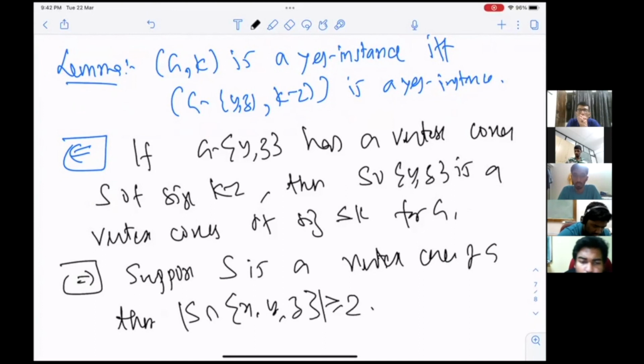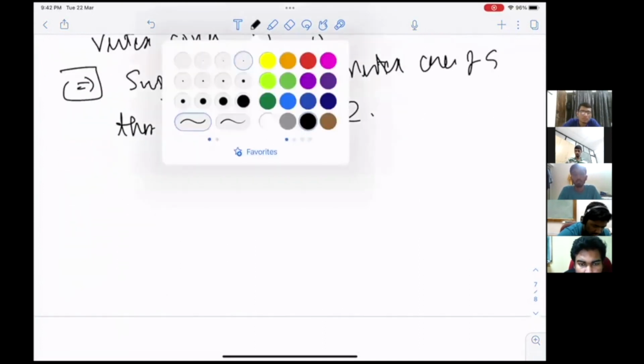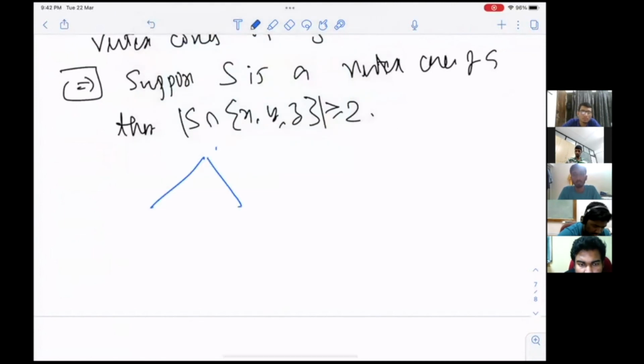Is this fine? Because look at a triangle, right? What are we getting? Here it is, X, Y, Z. Any vertex cover must contain, let's see, I think something funky happened. Let's wait.